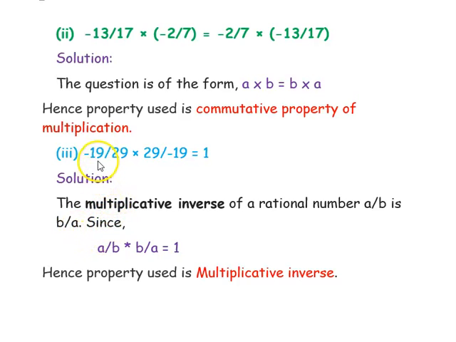If you analyze the question, it's of the form a by b. That is, if a is negative 19 and b is 29, then here b is 29 and a is negative 19. So the given question is of the form a by b times b by a. If you multiply that, you will get 1.